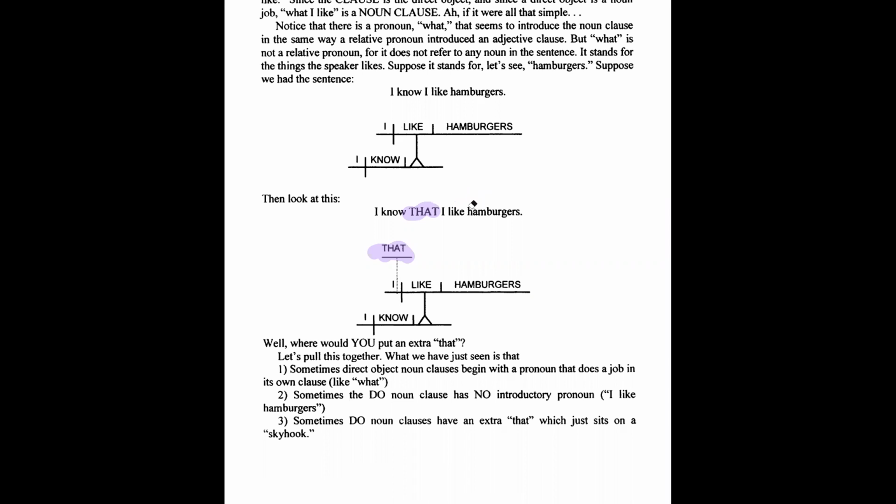Also, look at that. Does it have a role in the sentence here? I like hamburgers, the dependent clause. Because we saw before that all of the relative pronouns had some grammatical role in the adjective clause. But here it doesn't have a grammatical role. Why? Because we have a subject, right?